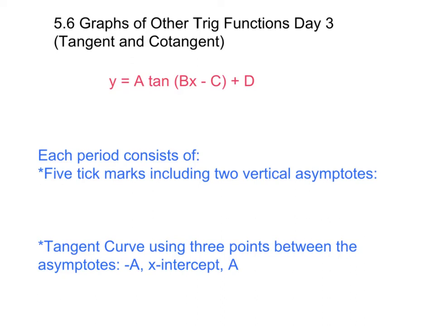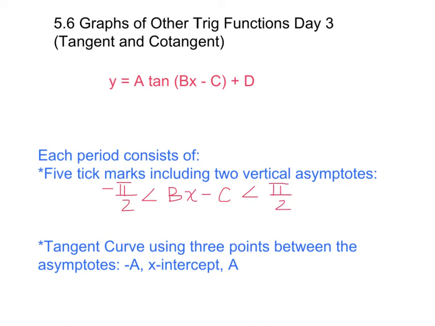So when we find our 2 vertical asymptotes, we do that by using this inequality. Because negative pi over 2 would be going clockwise.